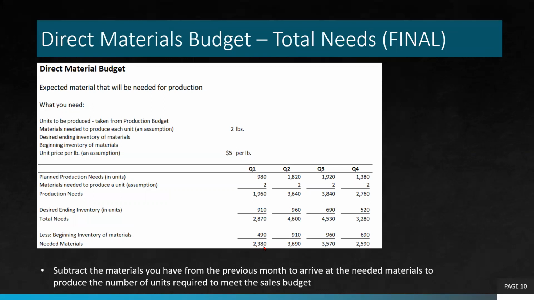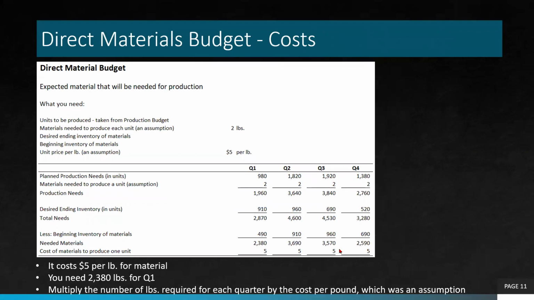And then we take the number of pounds that we need after we've taken into consideration ending inventory and beginning inventory, and we multiply that by the assumption that each pound will cost us $5.